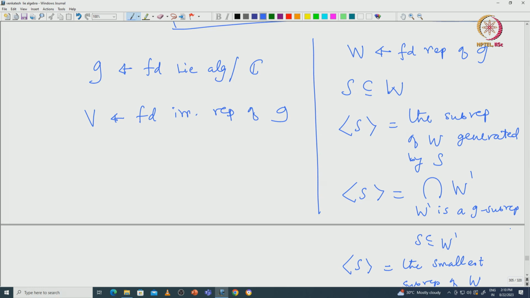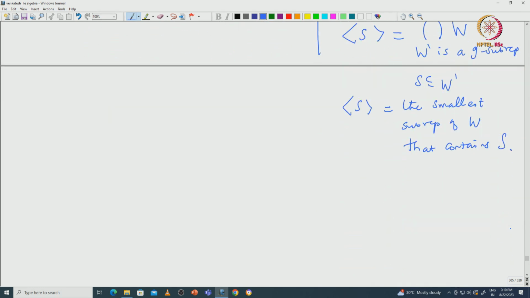Okay. So, maybe I will actually state one exercise which is very nice. Maybe one can do it first for a singleton S and then you can do it for any general S, not a problem. So, what is the exercise?